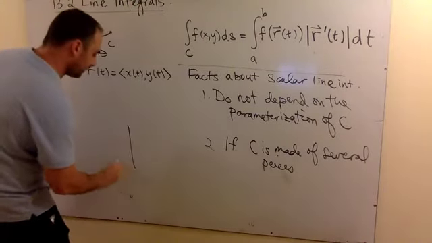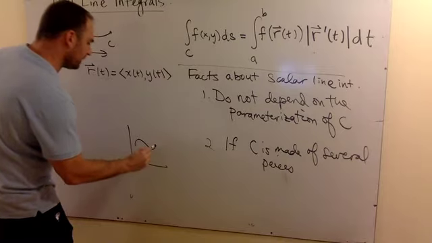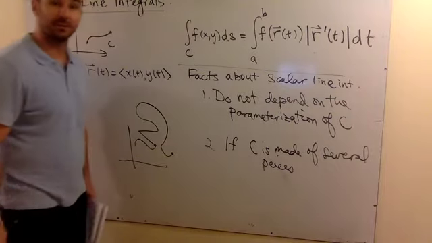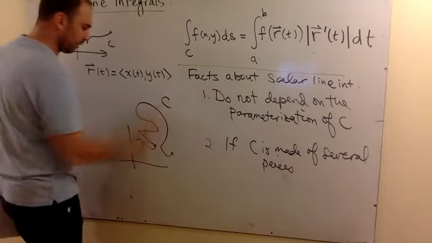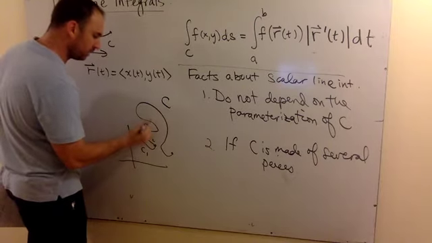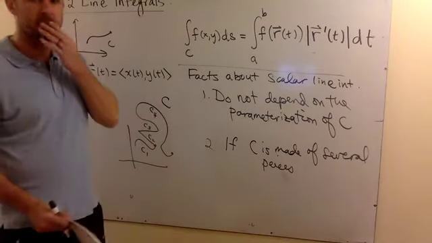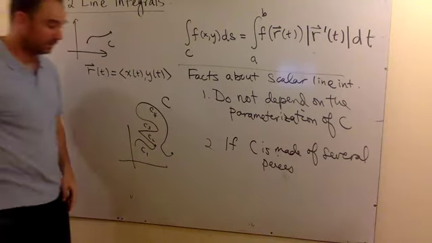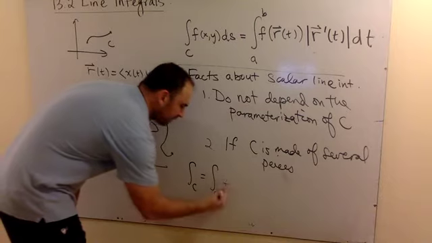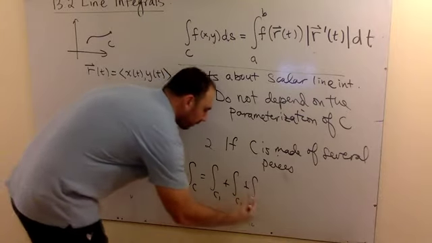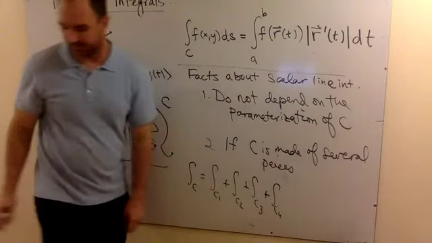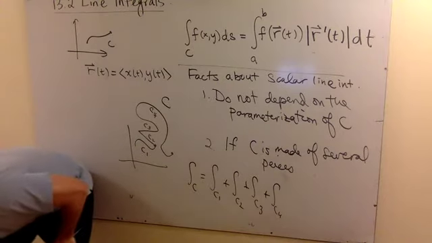Usually these C's have to be smooth curves, but this is not a smooth curve. But here's the overall C. Well, what I can do is break this into maybe 4 pieces. And then to do the scalar line integral, all you do, and I'm just going to shorthand this, is sum up the scalar line integral over each piece. All right, so let's do one like that, and then we'll call it a day.